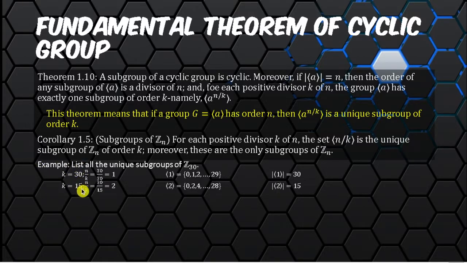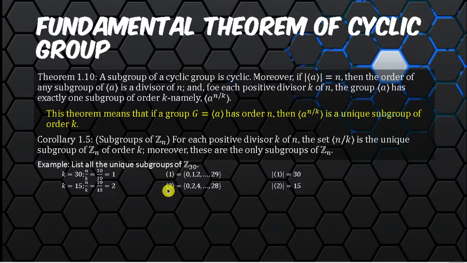So let k equal 15. That is the next number that divides 30, so n over k is 2. That result is what we use to generate a subgroup.